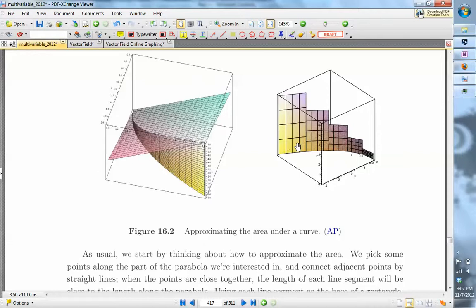This is similar to, but not the same as, just the integral from a to b of f of x dx, right? The area under the curve. Except what's the big difference? In that situation, it's just flat. And here, we've got this thing that's bent. So that's the picture you should have in your head.